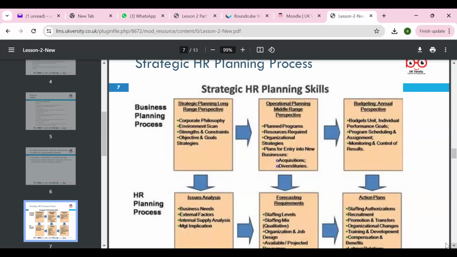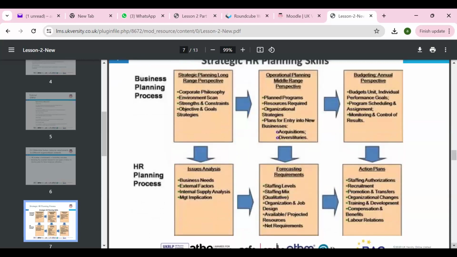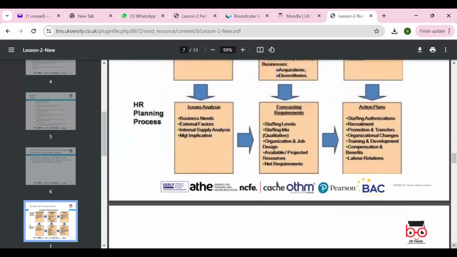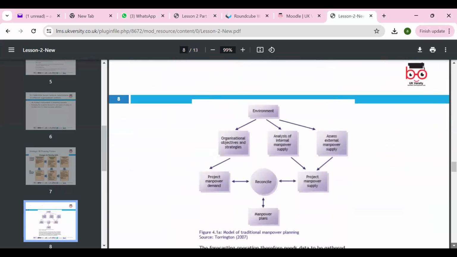We can look at forecasting requirements, staffing levels, staff mix, qualitative factors, organizational job design, and available and projected resources. Then the action plan: staffing authorization, recruitment, procurement, organizational changes, training and development, compensation and benefits. That's all we can focus on.